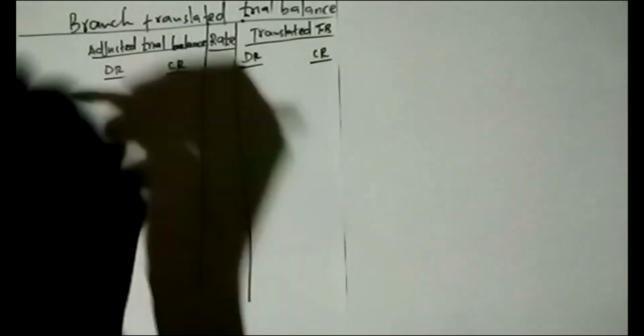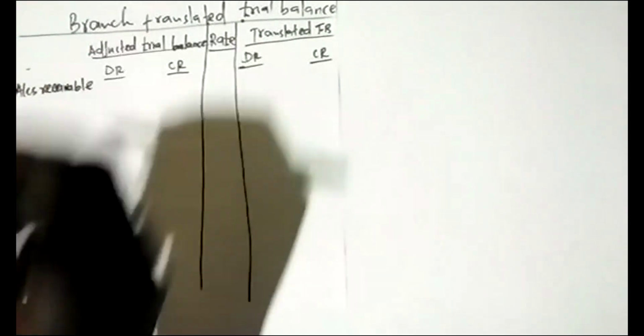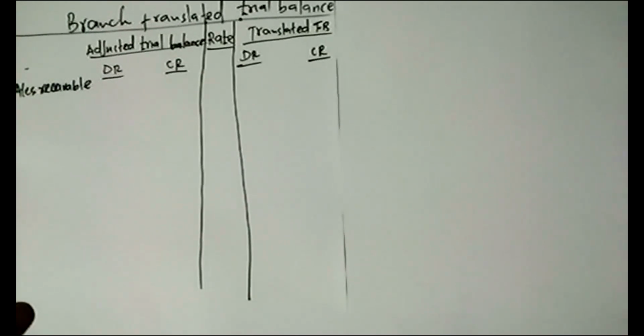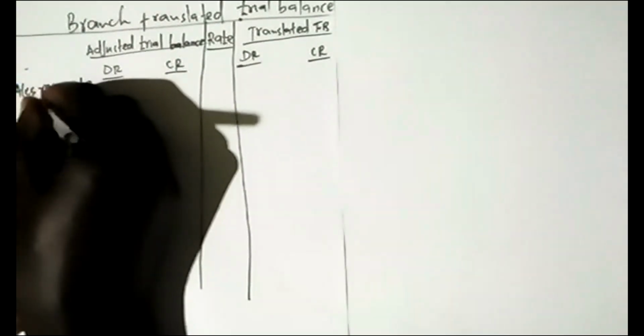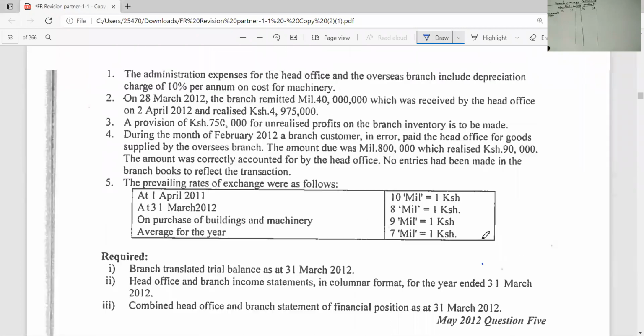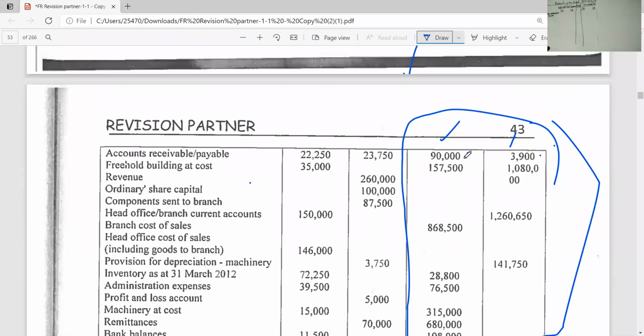So I will take the 90. So the account receivable, but remember here now, I will not take the 90, but the 800,000, which was in milli, because that was the amount in the foreign currency. It's only that out of that amount, the head office had realized 90,000. So the figure of the account receivable is 90, which is fine, the one given there.